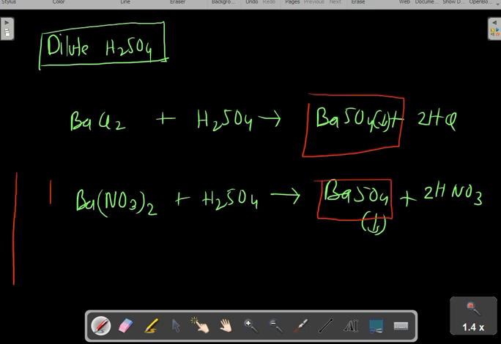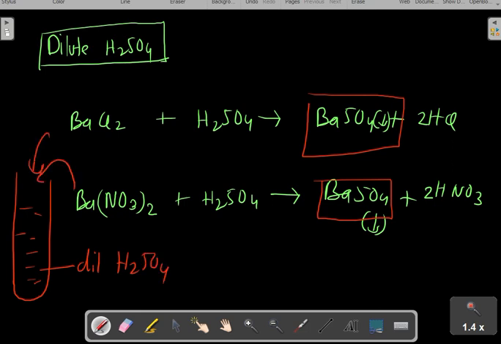Suppose you have the dilute H2SO4 in this test tube and you add barium chloride or barium nitrate in this test tube, you will obtain white precipitate, so that you can identify the presence of dilute sulfuric acid. So by using these two methods, sulfuric acid can be easily identified.